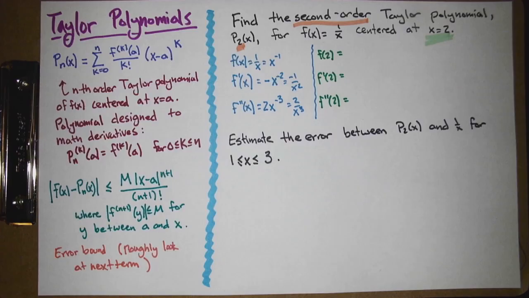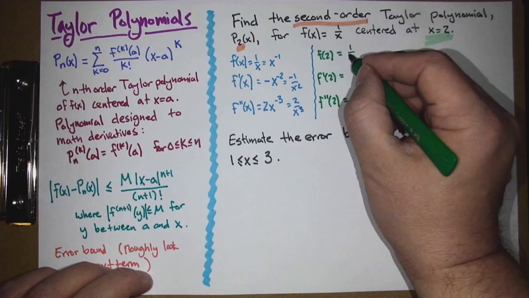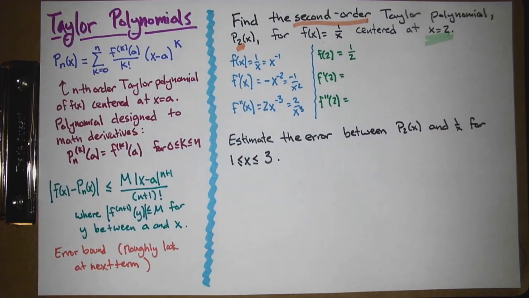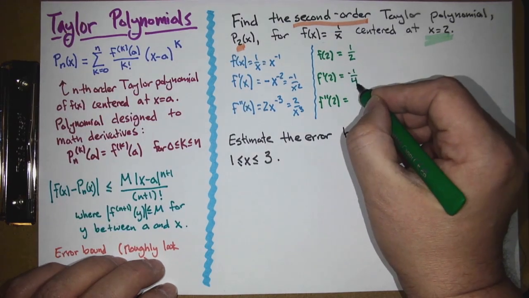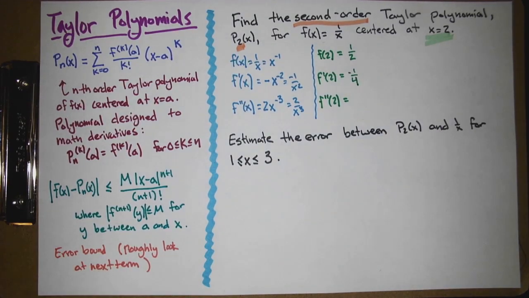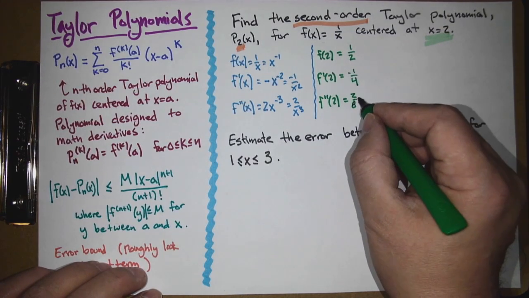What is f of 2? We plug in 2 into our function. What comes out? 1/2. Excellent answer. 1 over 2. F prime of 2? Negative 1/4. Beautiful. F double prime of 2? 2/8. Also known as 1/4.